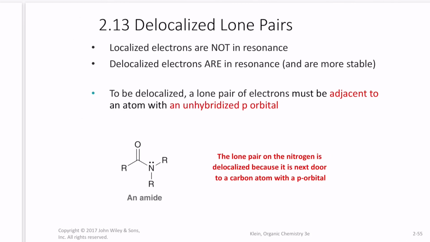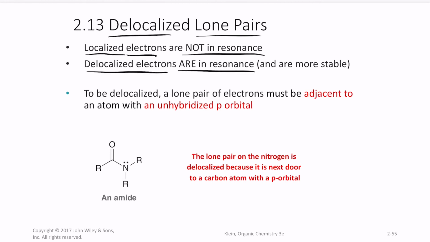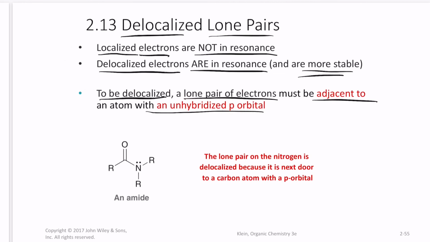Now next, let's talk about delocalized lone pairs. What is a localized lone pair and what is a delocalized lone pair? Localized electrons are generally not in resonance. Delocalized electrons are in resonance and generally more stable. To be delocalized, a lone pair must be adjacent to an unhybridized p orbital.